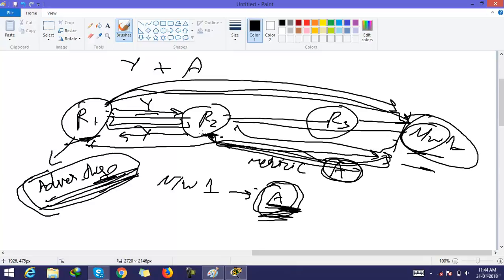Simply you can say advertised distance is the metric of the remote network as reported by our neighbor.